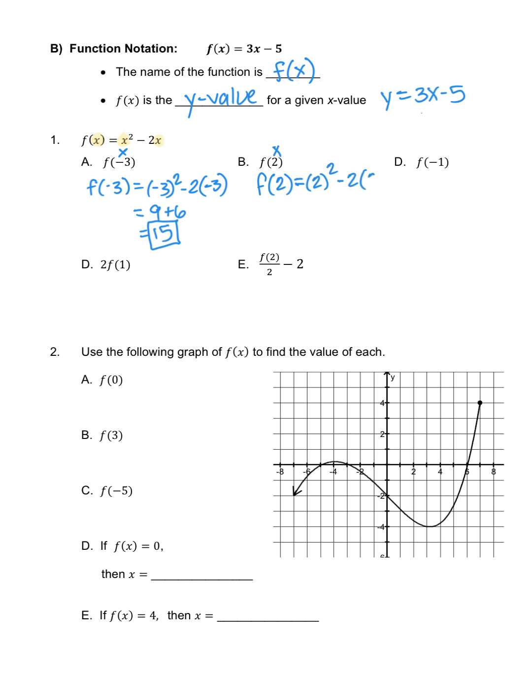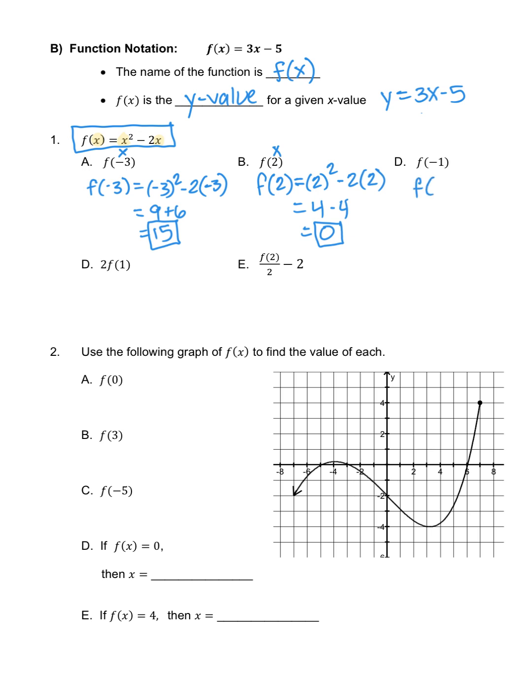Minus 2 times 2. And then we could go ahead and solve it. Negative 2 times 2 is negative 4, and that equals 0. Again, this is the equation that we're plugging everything into, that f of x equals x squared minus 2x.